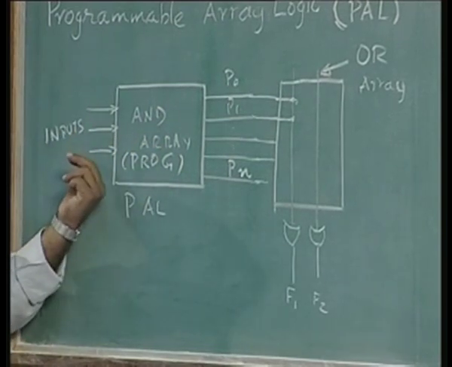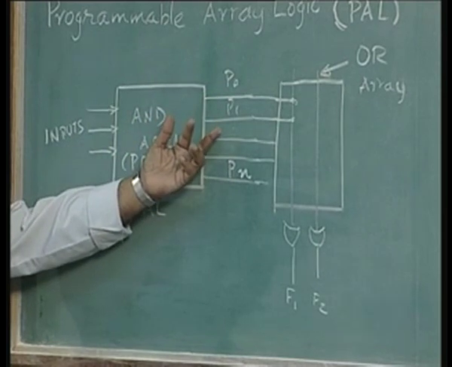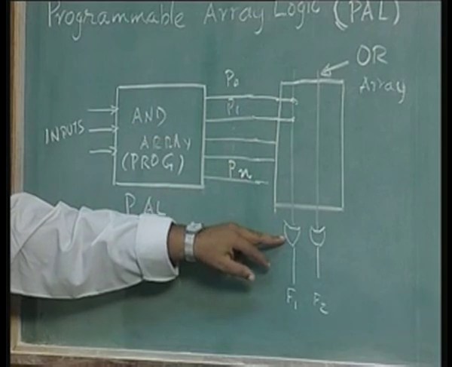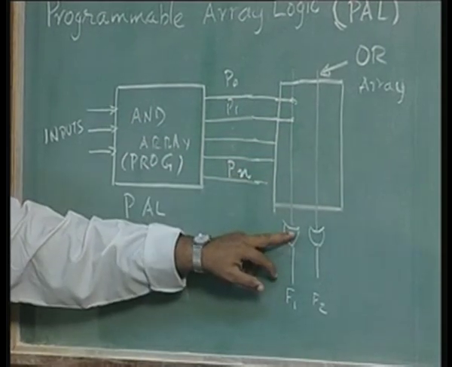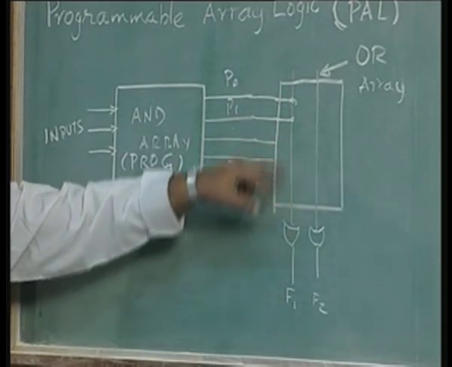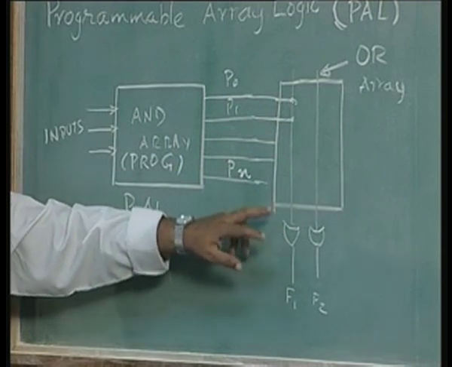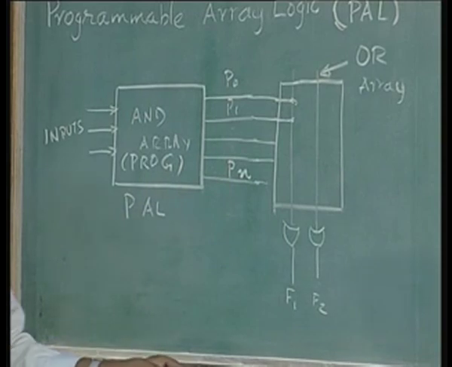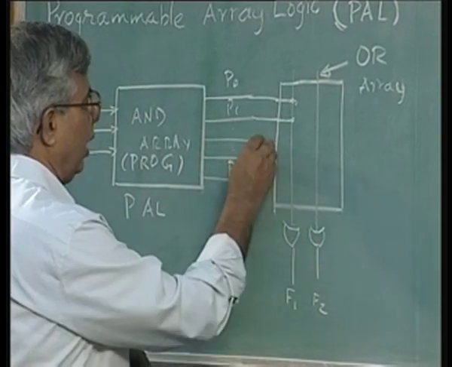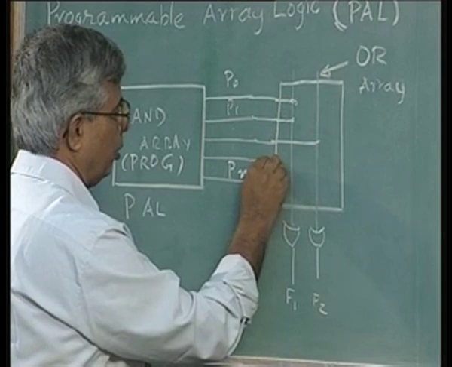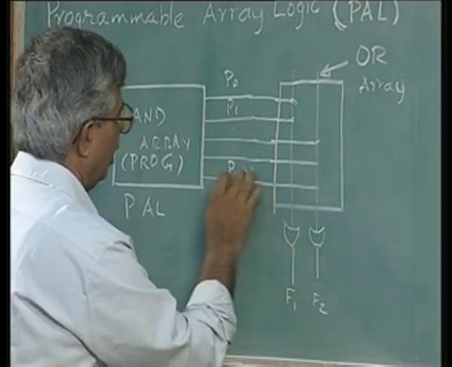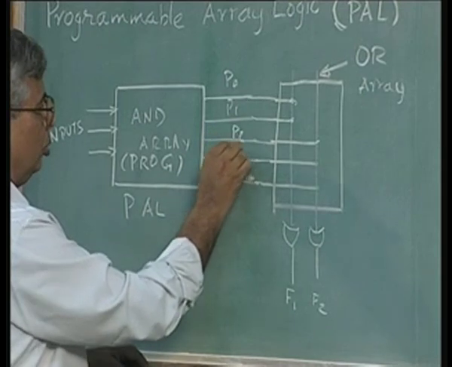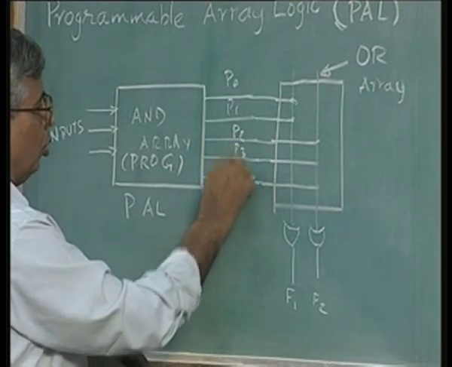So, any combination of the input structure to get P0, P1 is possible, but once you have done it, P0 and P1 are fixed inputs to the OR gate, you cannot have any other input. So, this OR gate will have only 2 inputs, namely P0 and P1. Likewise, F2 will have P2, P3 and P4.